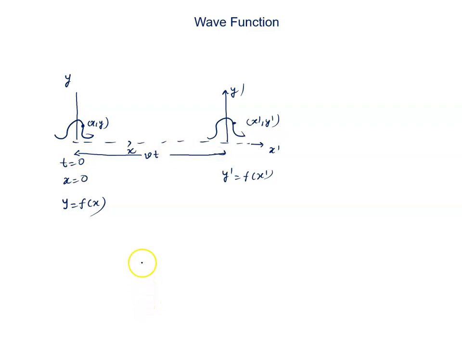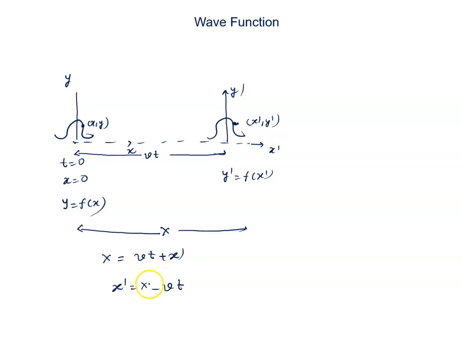So if I ask for the value of this point with respect to this reference point, and let's say this is x, then x can be written as vt plus x dash, and x dash can be written as x minus vt.